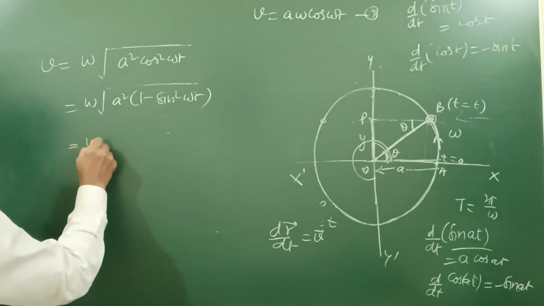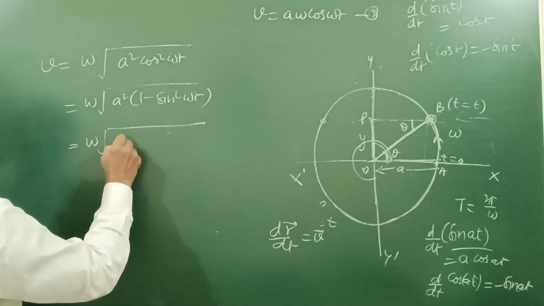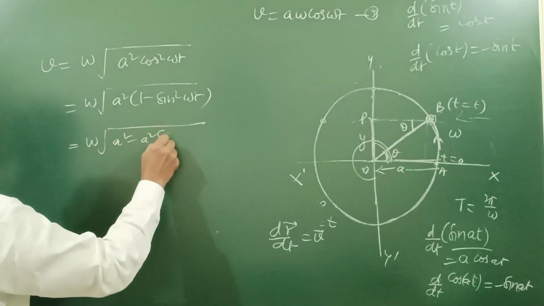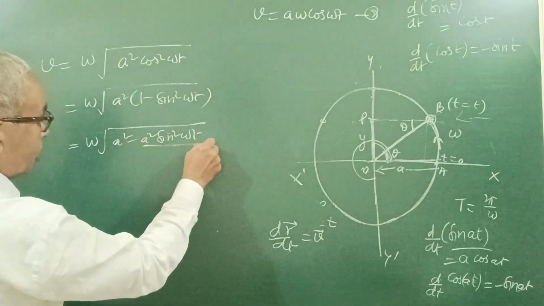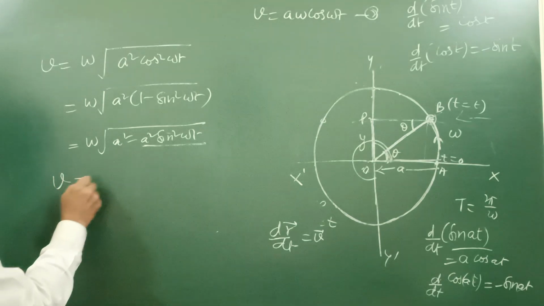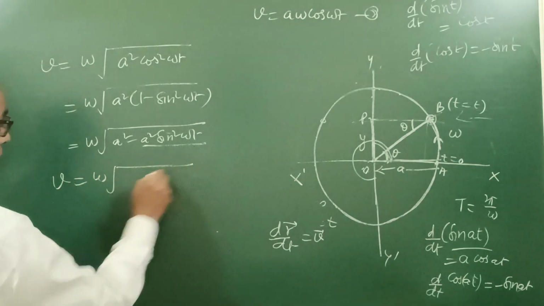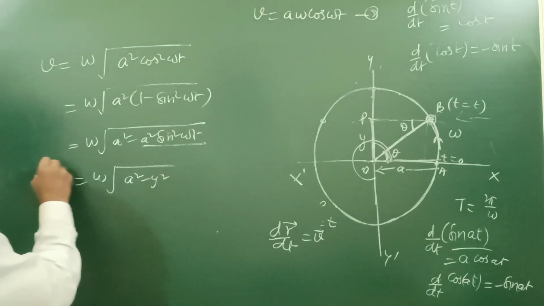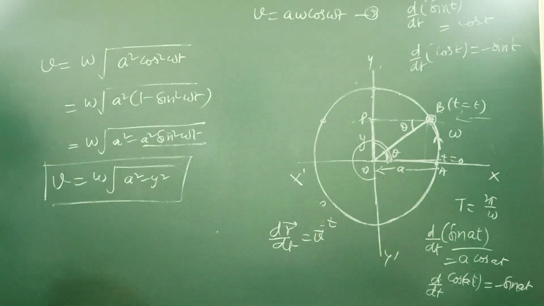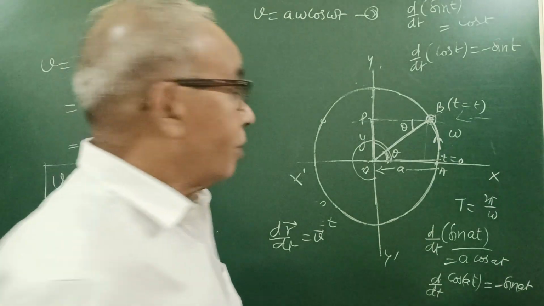Or you can write a square minus a square sin square omega t, but from equation 1 it is y square, so v equal to omega under root a square minus y square. This is equation 2 also again. You can write like this.